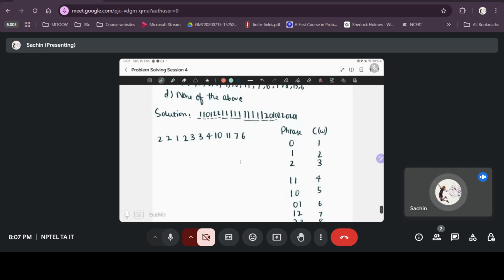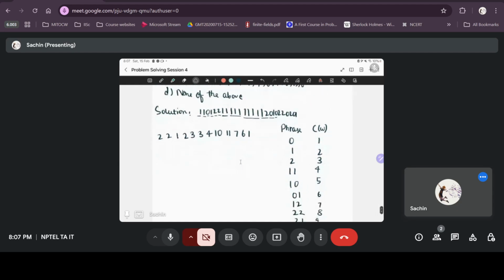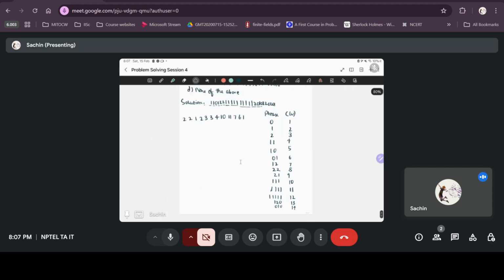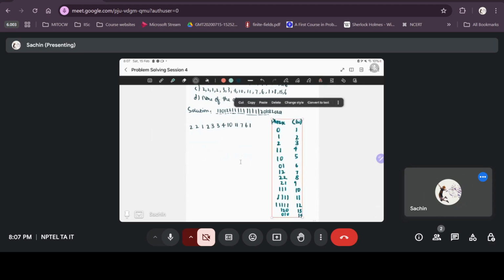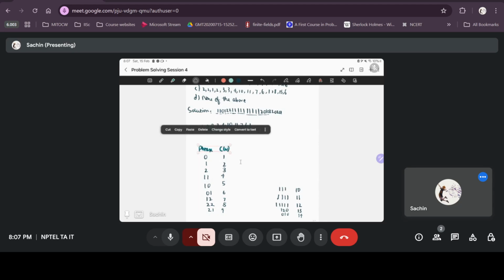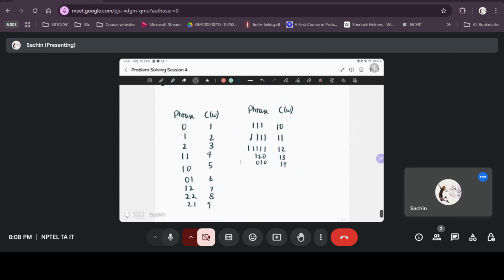Don't have 0 2, so 0 is again just code word 1, and you have to include 0 2 as the next code word. So the 0 2 is the 15th code word.